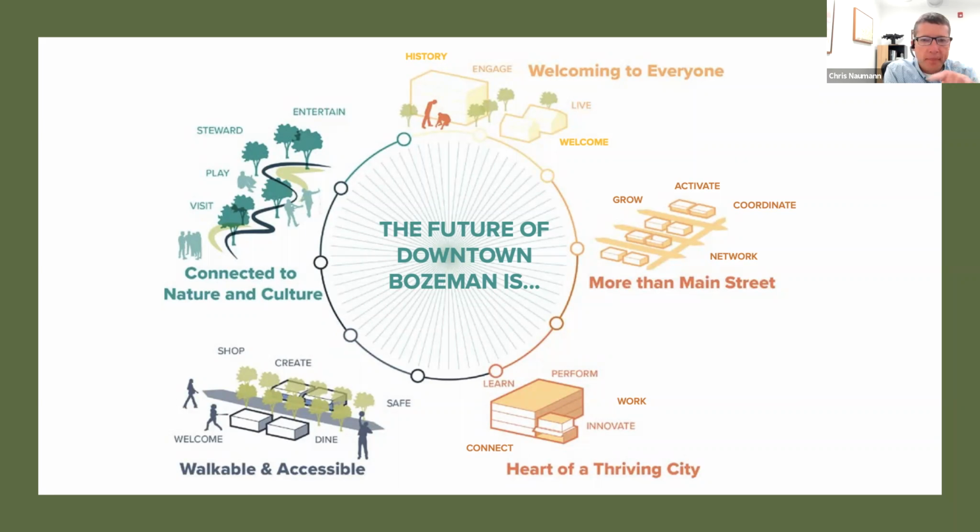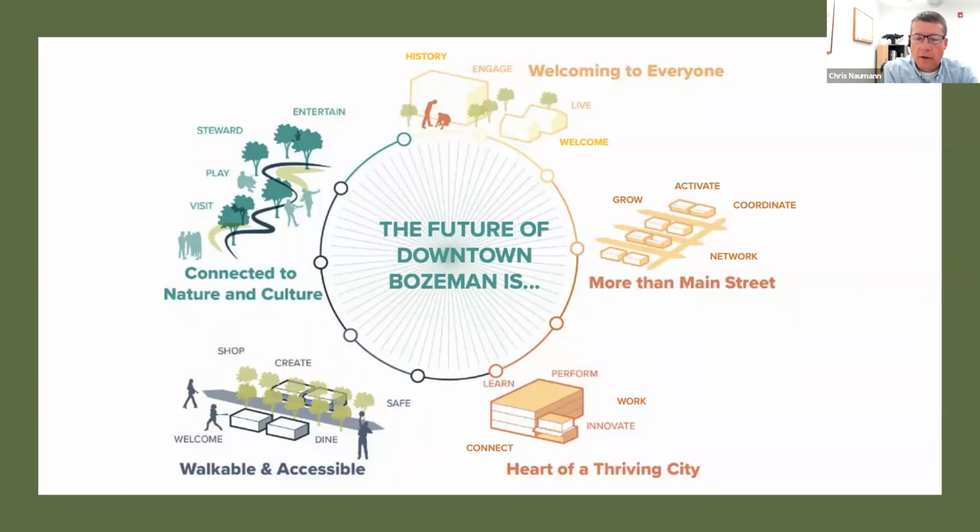I think these were the main themes of our neighborhood plan, that it'd be inclusive and welcoming to everybody, that our downtown be more than Main Street. Our community continues to grow, and Main Street cannot be everything to everyone.